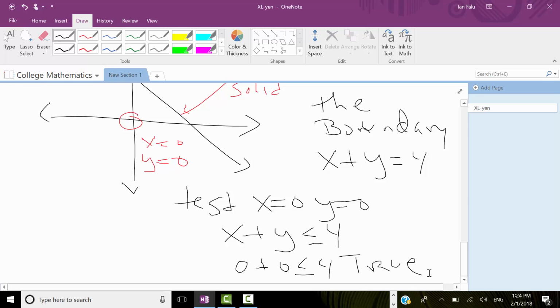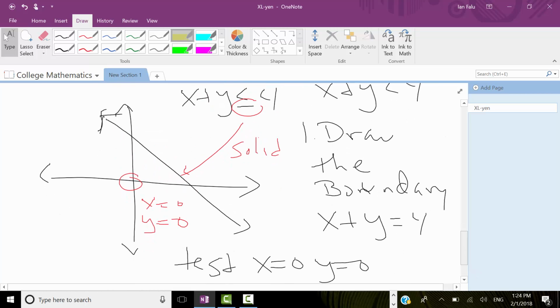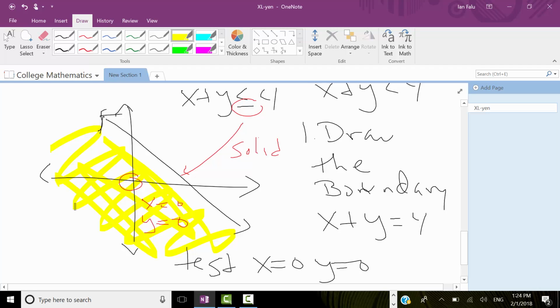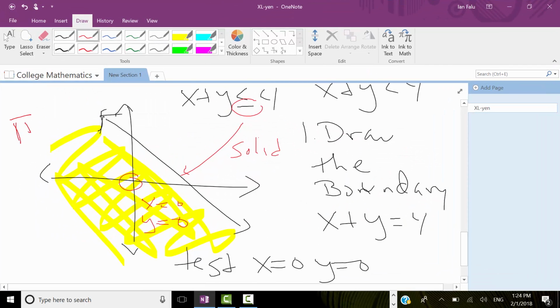So that means that all the points on this side of the line will make the inequality true. Okay?